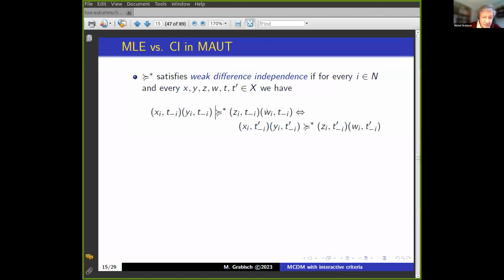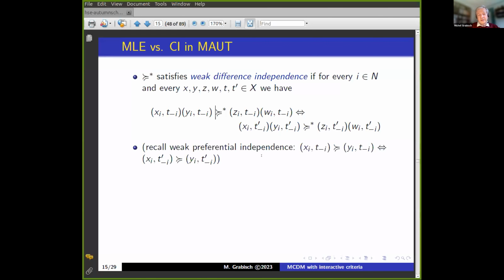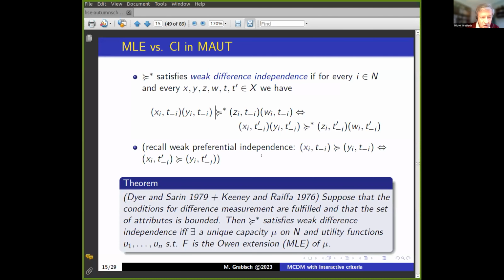If this preference is true, then by changing t to t prime, this does not change the preference, exactly as before with weak preferential independence. Under this condition, it can be shown that the unique model representing your preference is the multilinear extension model.